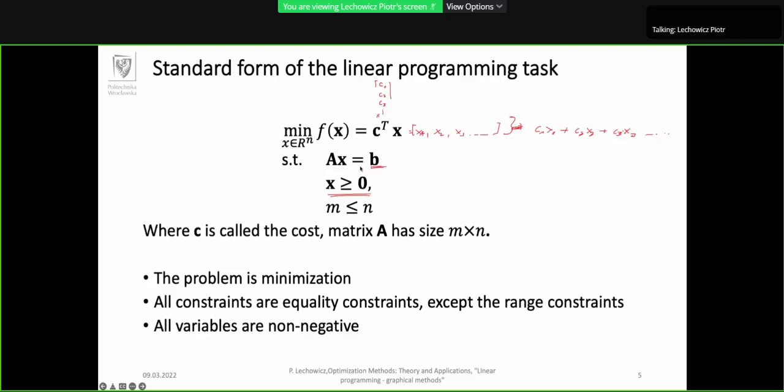In standard form, the problem is a minimization problem. All constraints are equality constraints, and all variables are non-negative.